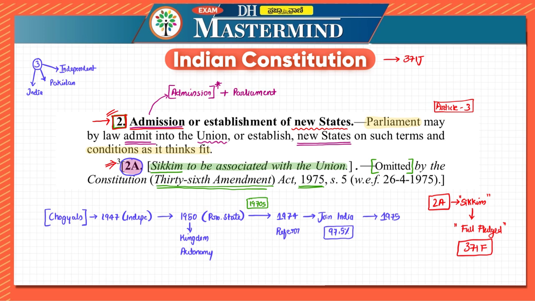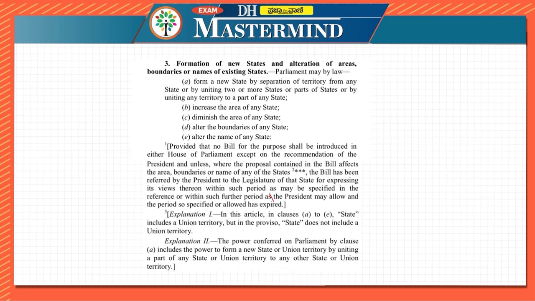Article number 3 speaks of formation of a new state by alteration of areas, boundaries or names of the existing states. So here it is speaking about alterations of the existing state. By making alterations to existing states, you are getting a new state.